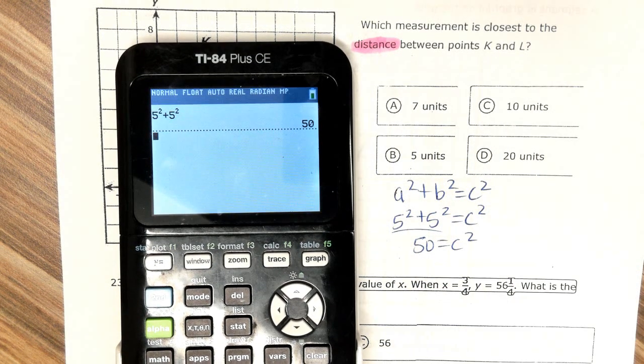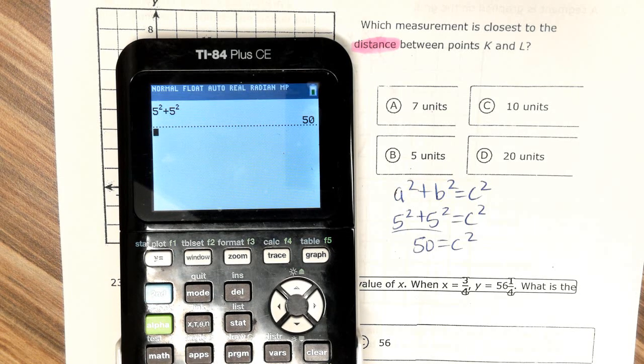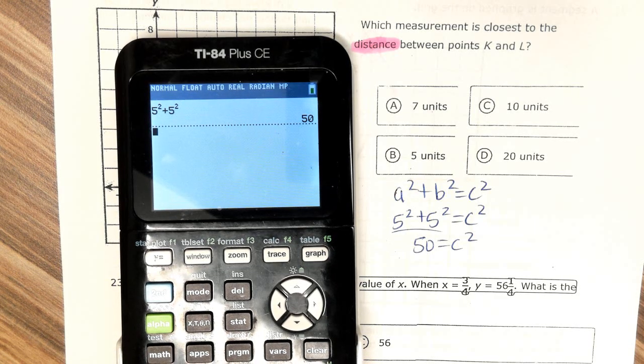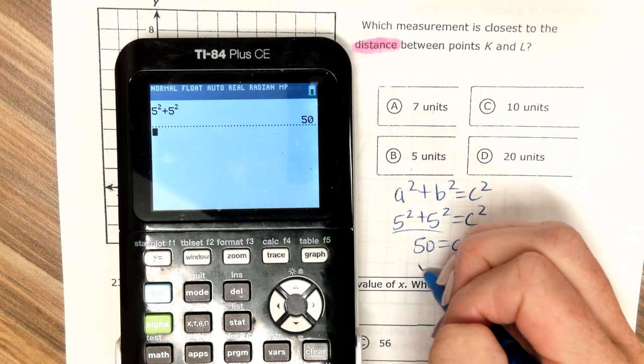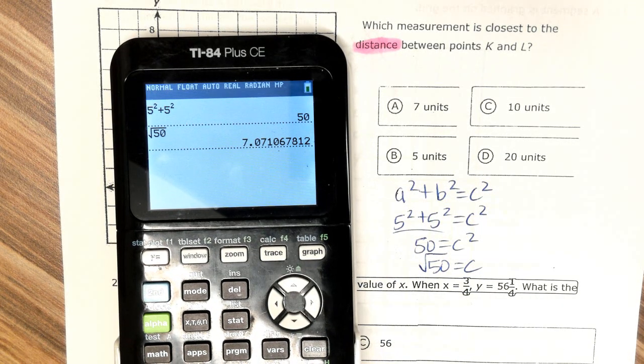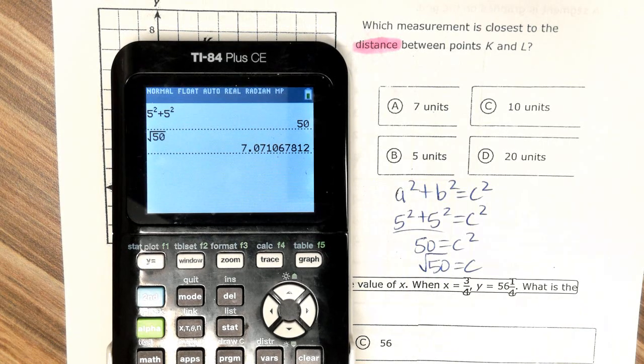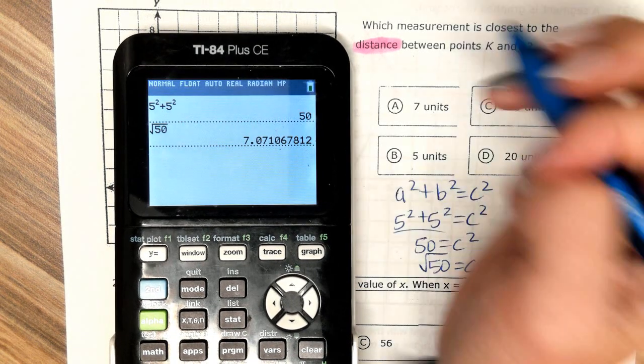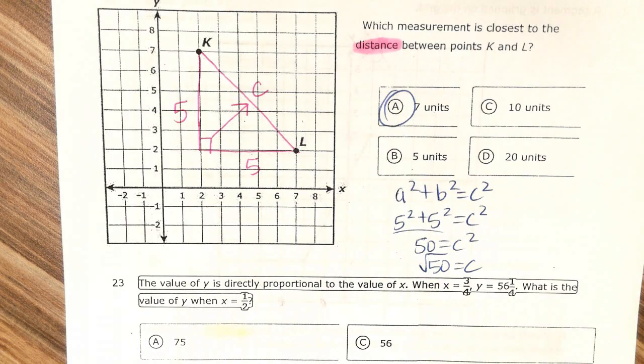Is that my answer, or do I need to take one step further? What's my last step? Square root my answer. So the square root of 50 is 7.07. So which answer is closest? A. If you missed that question, you need to do some self-evaluating because that's one of those easy give me ones that we shouldn't miss. Okay?